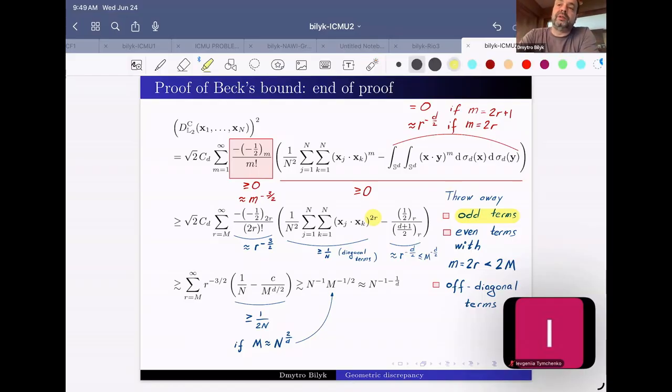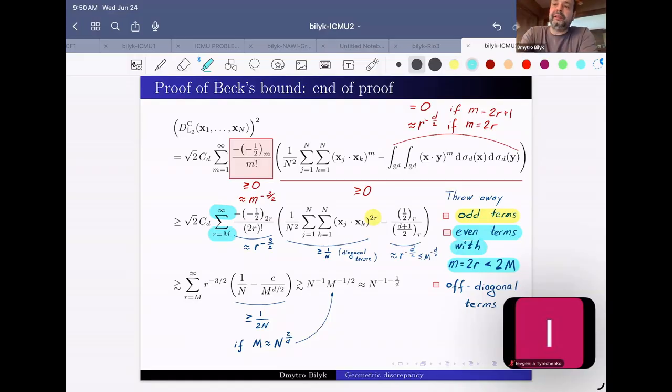I will throw away all the even terms below some threshold capital M. We'll figure out what the threshold will be. So we'll just start our summation here with capital M.